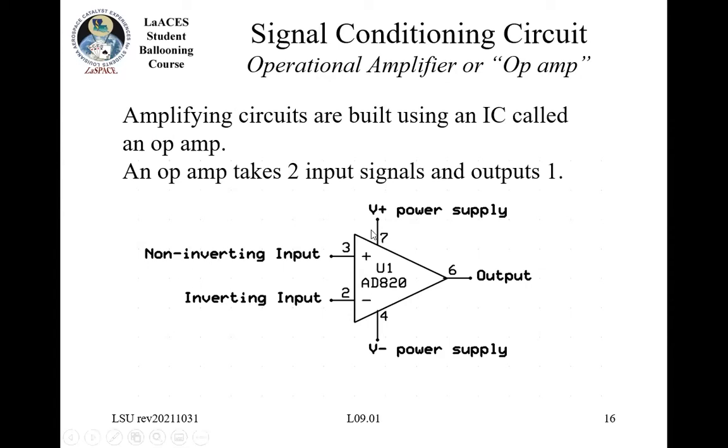You have 2 input signals, a non-inverting input or positive input, and then the inverting input or negative input. And depending on what you do with the rest of the circuit, it's going to combine those 2 signals and generate an output here. And one thing to note is, besides the signals and the output, they have a completely separate power supply. So you're going to have a positive and a negative power supply.